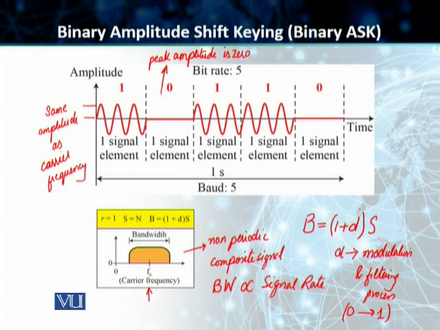The minimum value will occur when D is equal to 0. When D is equal to 1, you will have your maximum value of bandwidth.